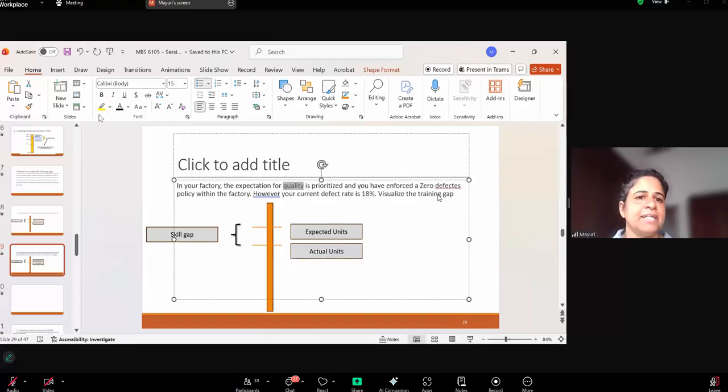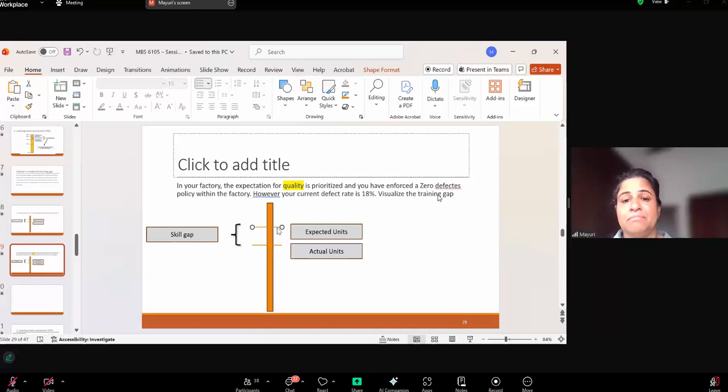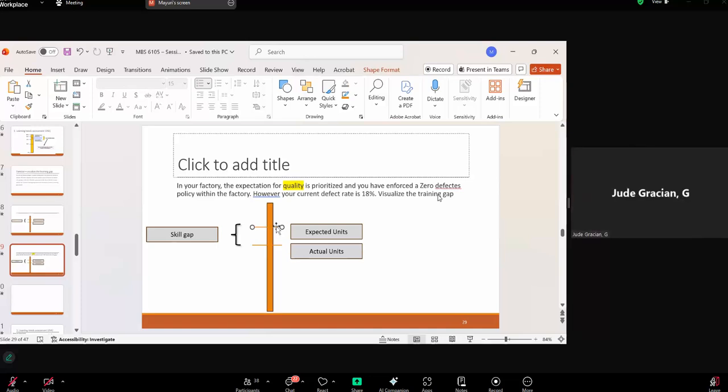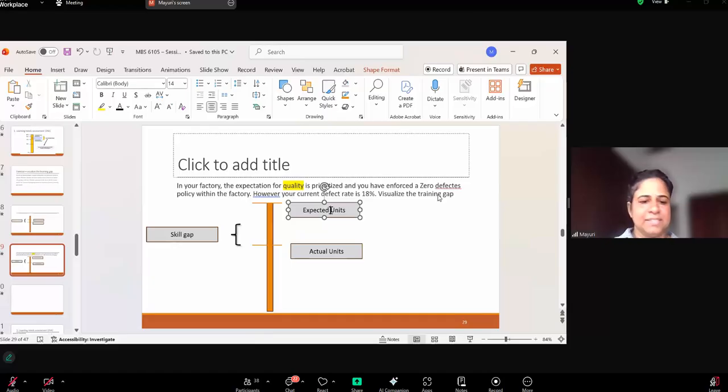What is the expected quality level? Zero defects. The current quality level is 82%. Expected quality level is what, Imesha? 100%. Okay, make it 100%. Expected quality standard, quality standard 100%.